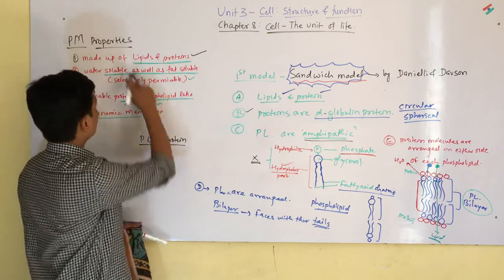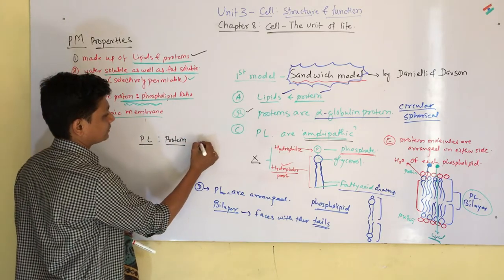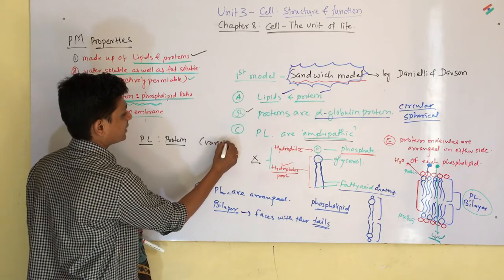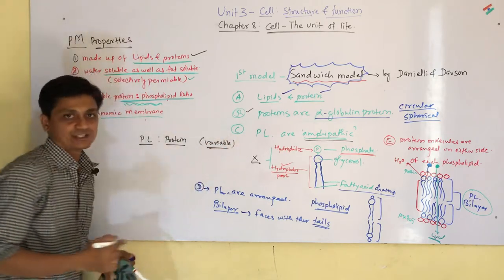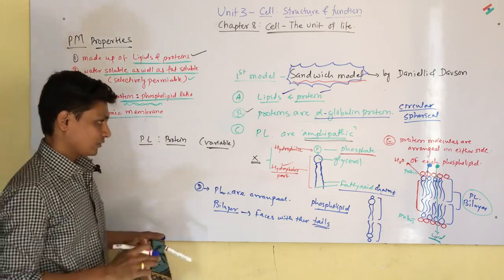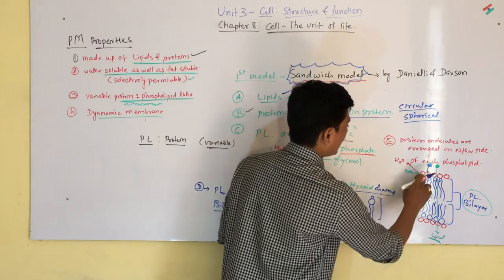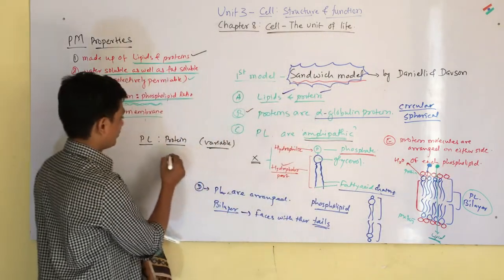According to the plasma membrane property, this is variable, meaning the ratio always changes. Here 4 phospholipids and 5 protein molecules are there.